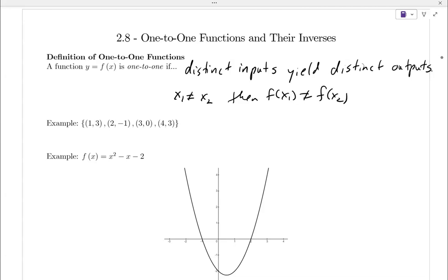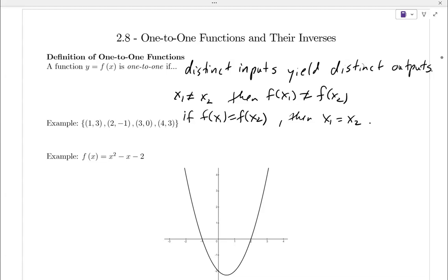Sometimes you'll see this written the other way around, which is known as the contrapositive. The contrapositive says that if the same thing came out, then you must have put the same thing in twice. Notice that the statement is flipped around. That's the contra part.